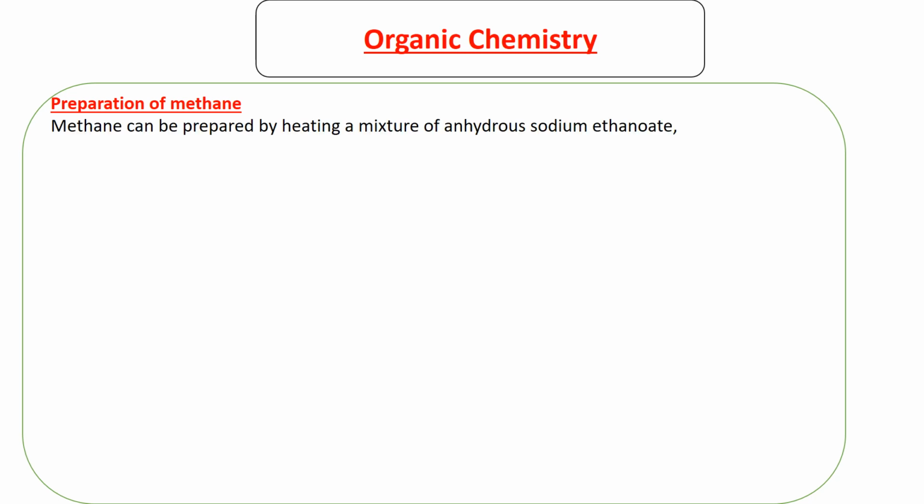So methane can be prepared by heating a mixture of 2 substances, one being anhydrous sodium ethanoate, which is written like this, and soda lime, which is sodium hydroxide. Soda lime is the trivial or the common name of sodium hydroxide.